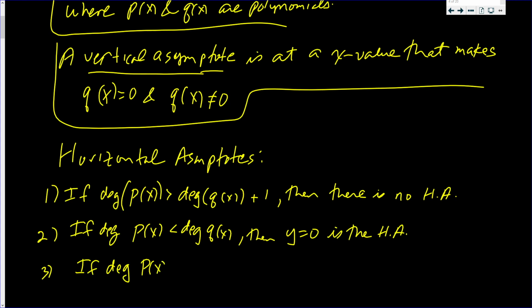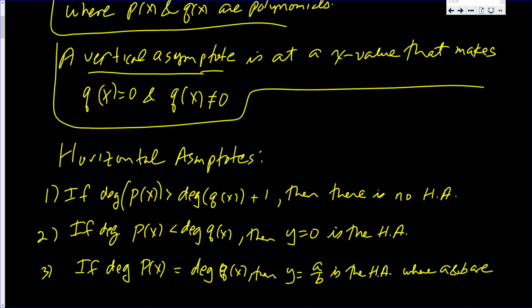If the degree of p of x is the same as the degree of q of x, then y is equal to a over b is the horizontal asymptote, where a and b are the coefficients of the leading terms, respectively.